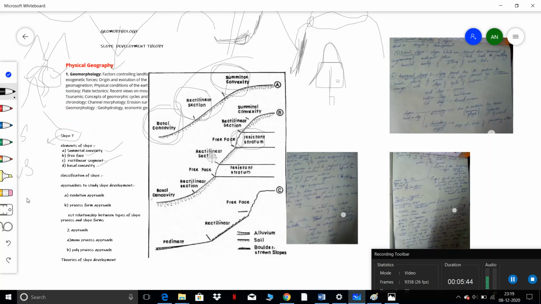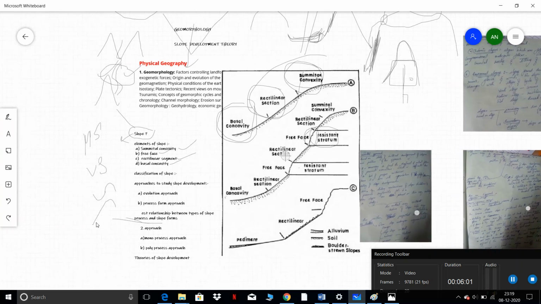So the various types are convex concave slope, convex rectilinear slope, concave, and next, convex free face, rectilinear, and concave, and so on.